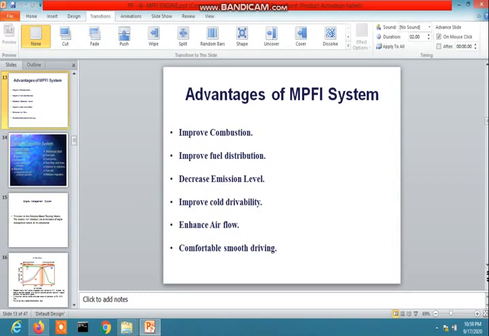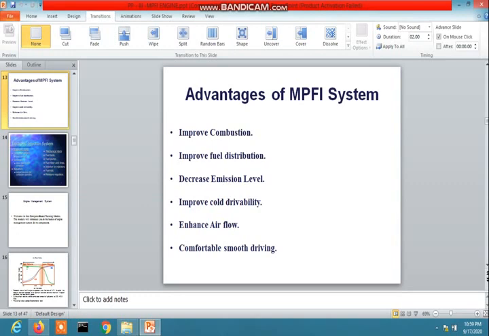Third is decreased emission level. That means a petrol injected engine has low emission because the air and fuel ratio is controlled at stoichiometric using the lambda sensor.